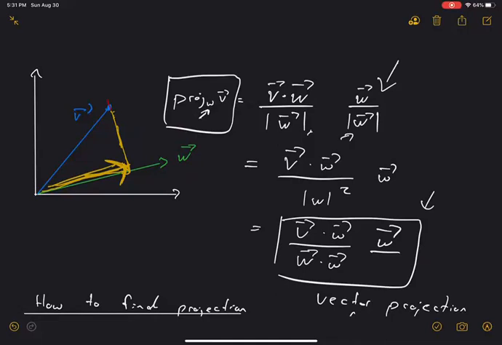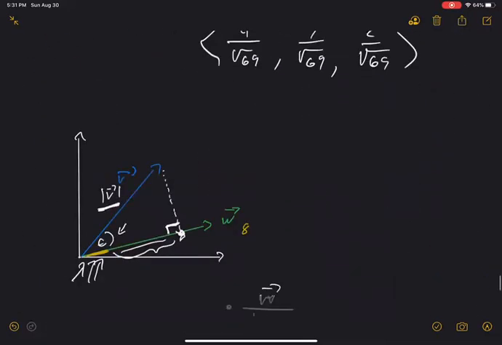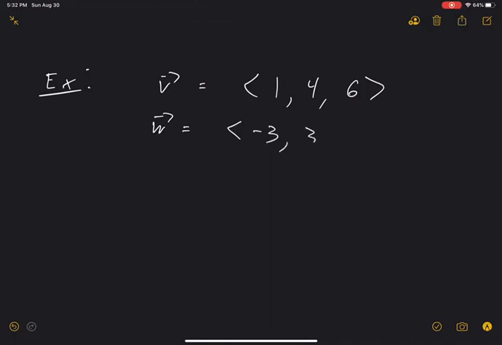All right, let's try an example real quick, and then we'll finish the video. So let's say, just make something up. Let's say I have vector V equals 1, 4, 6, and W is equal to about -3, 3, 3.